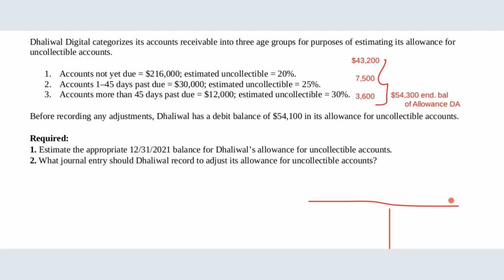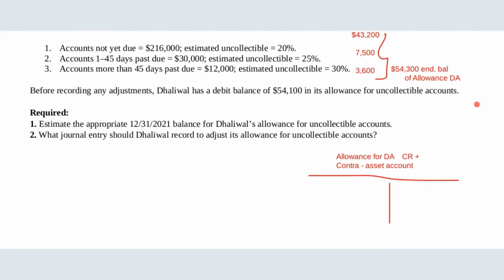So this is a contra asset account. I love that name. It's a contra asset account. All right, our beginning balance is a debit of 54,100, and our ending balance should be, according to our analysis, a credit of 54,300.